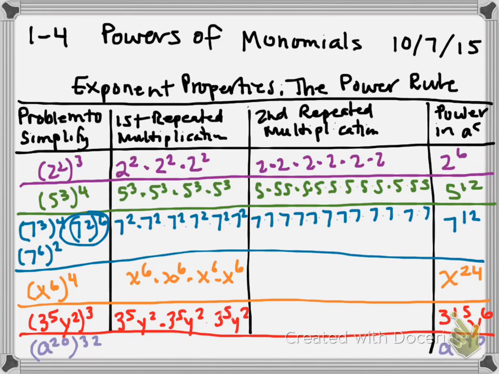Okay, so it sounds like, and I heard a couple people say it, you guys already came up with a rule. So let's go to that rule box, which says general rule. What are we doing when raising a power to a power?